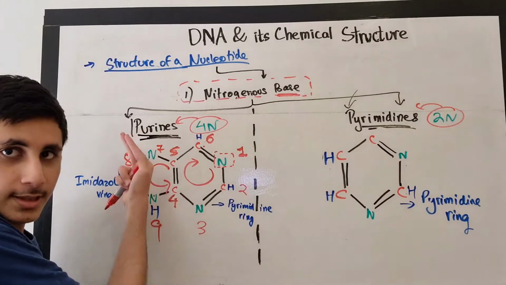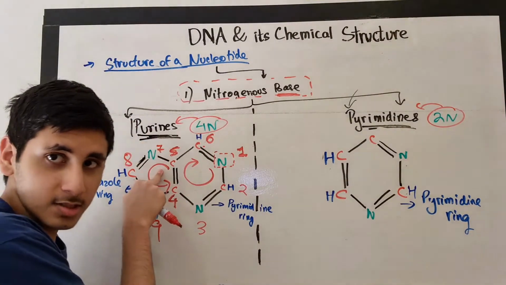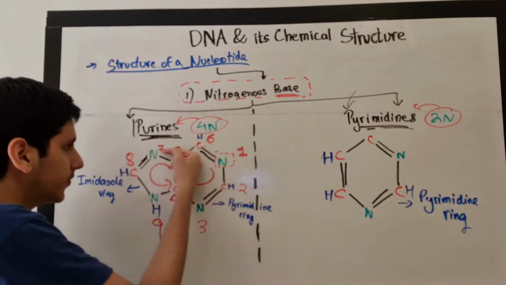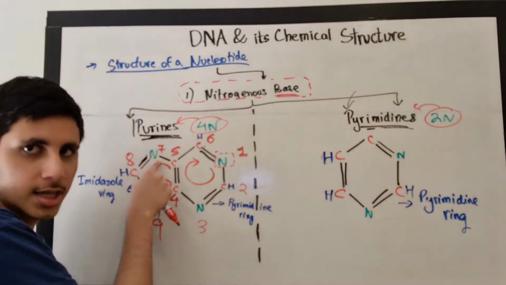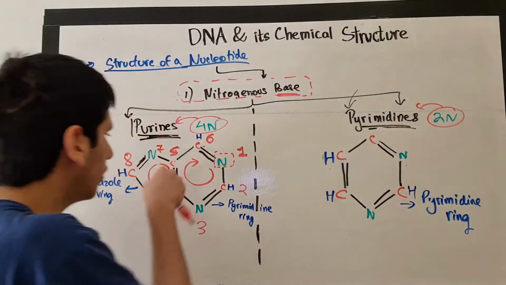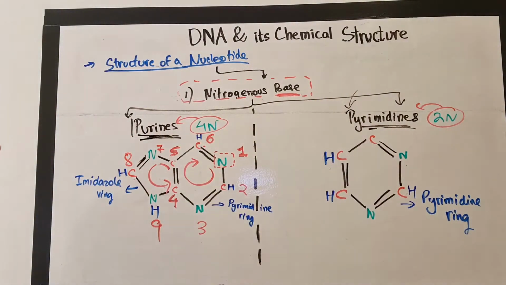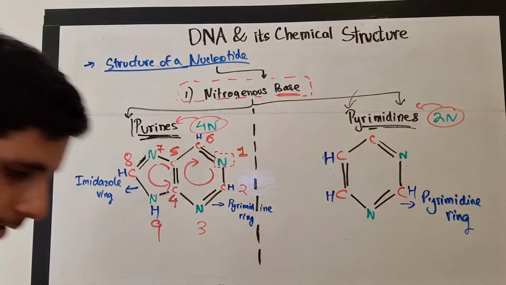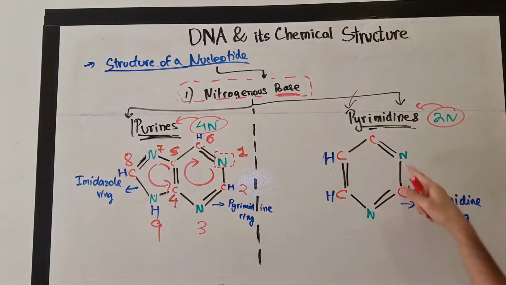Then you shift left to the imidazole ring, at that atom itself. You're just shifting, not moving down. You end up with a nitrogen atom, and go anti-clockwise, because if you go clockwise, you'll number the double-bonded carbons twice. So we're done with the purines, and let's move ahead with the pyrimidines.